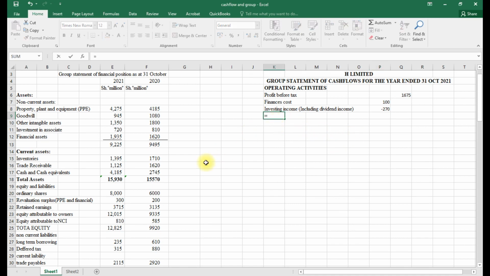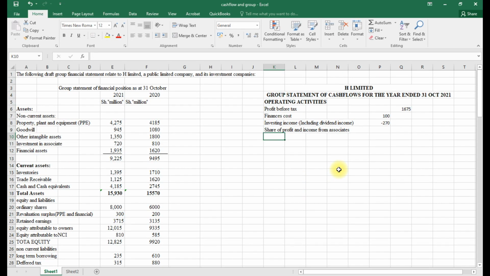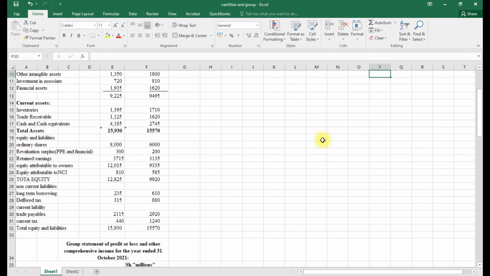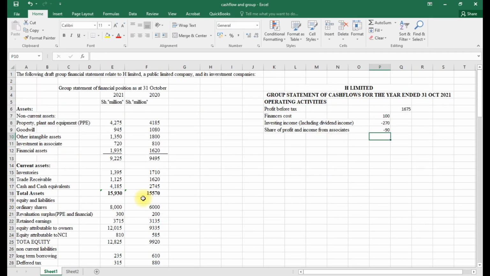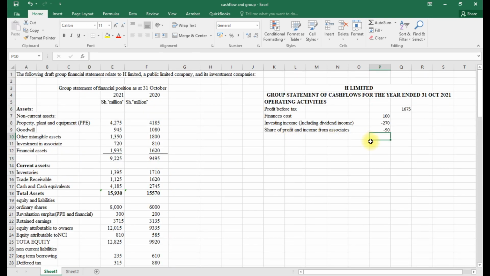And the other one we have is the share of profit and income from associate. Again, this one we minus, the 90. And I think we're done with what we already know was directly included in the income statement and was not supposed to be part of our operating activity.